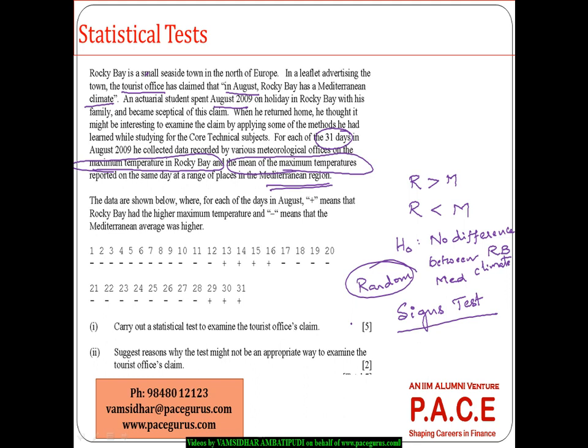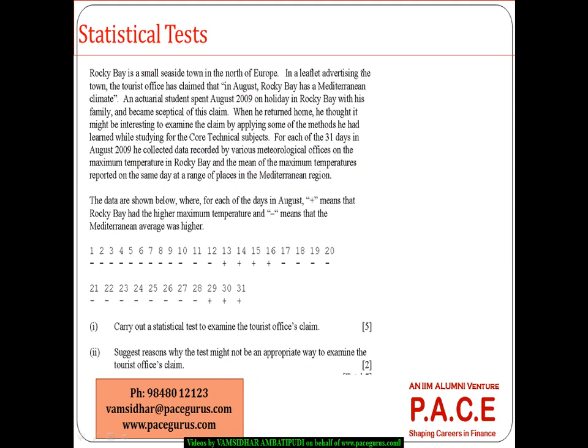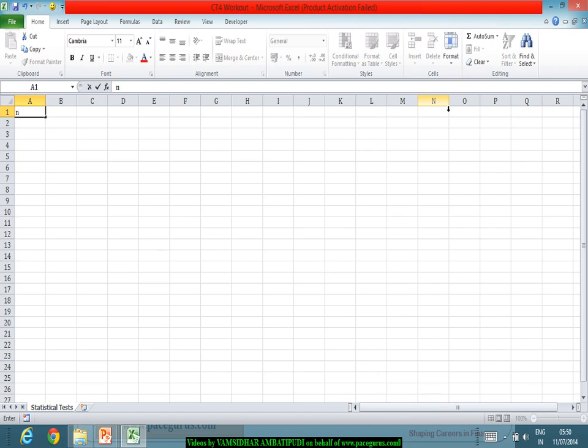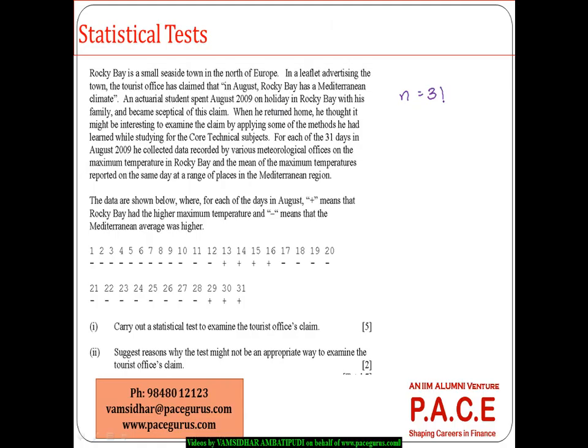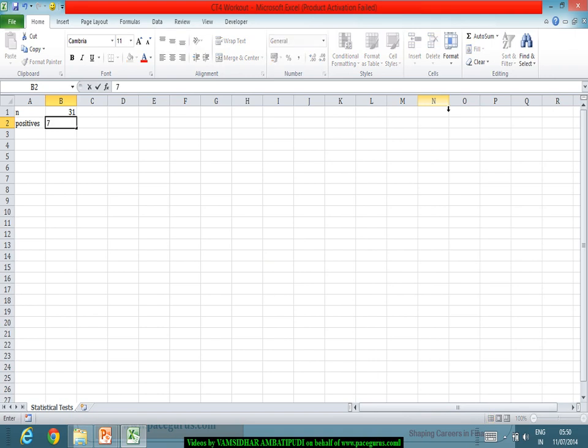The total number of days for which we have collected the data is 31. The number of positives, meaning days where Rocky Bay has a higher temperature than the Mediterranean, is around 7, and the negatives are around 24.